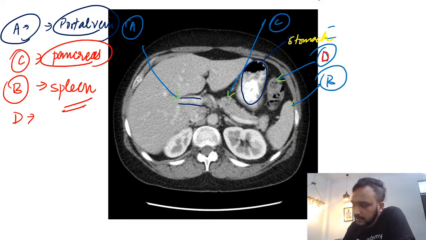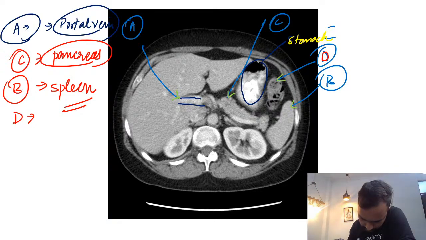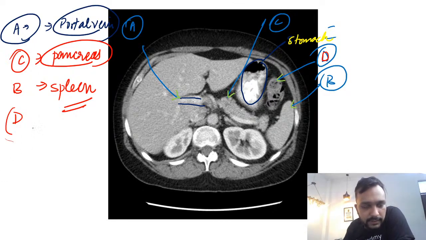No, D is not gallbladder. The structure labeled as D in this image is your descending colon.